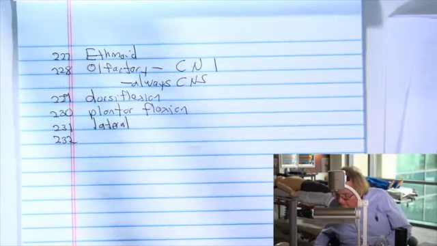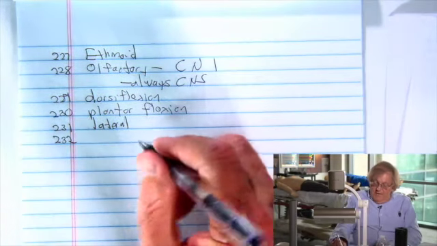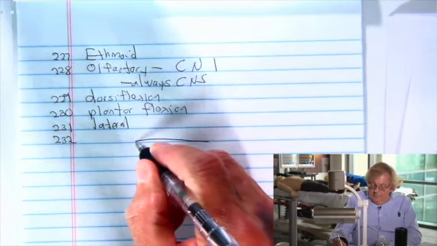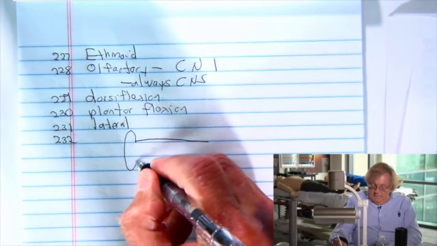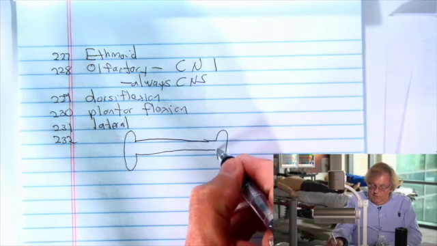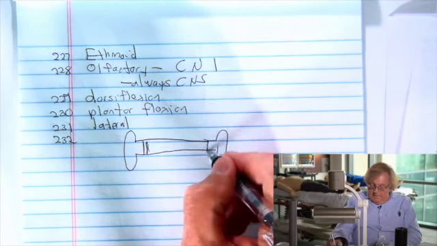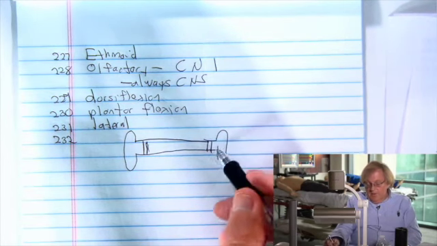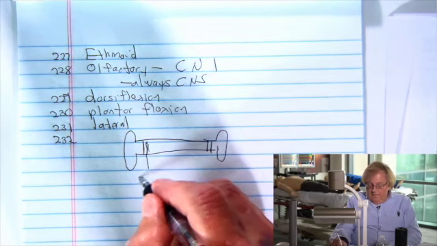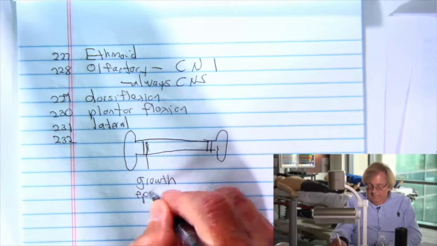232, it says a temporary joint. Temporary joints are the joints that are found at the growth plate or epiphyseal plate. So when I drew that very simple long bone to show you what it looks like, there was a region right here at the metaphysis of the bone called the growth plate or the epiphyseal plate.